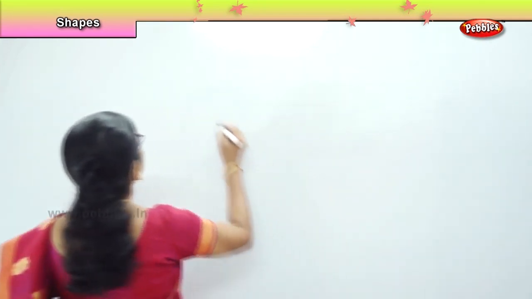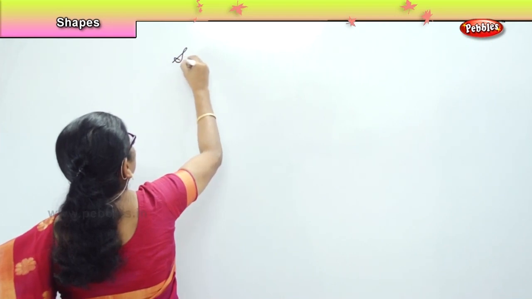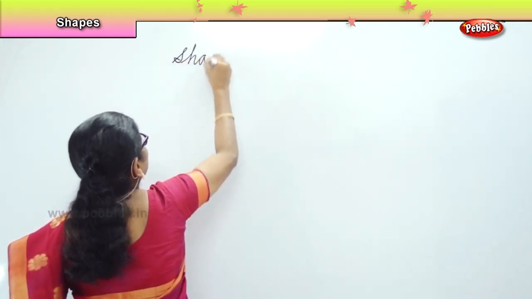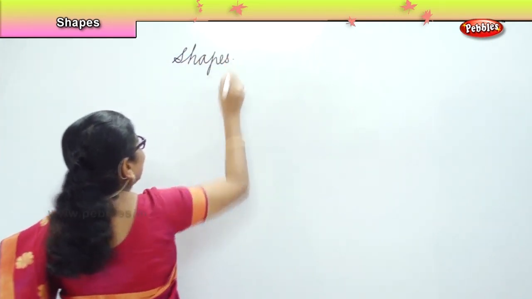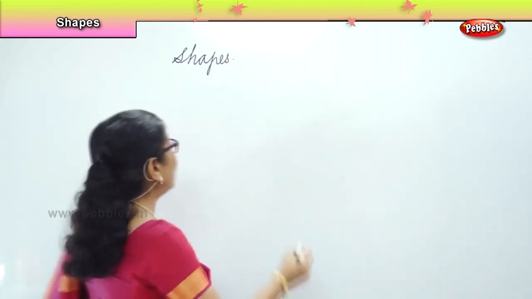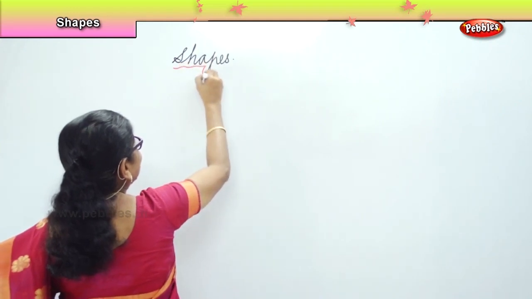Just look at the shapes you will find in the class. So when you feel thirsty, take a bottle, open it out. What's that shape? Circle. So we're going to look at the shapes that we normally find.